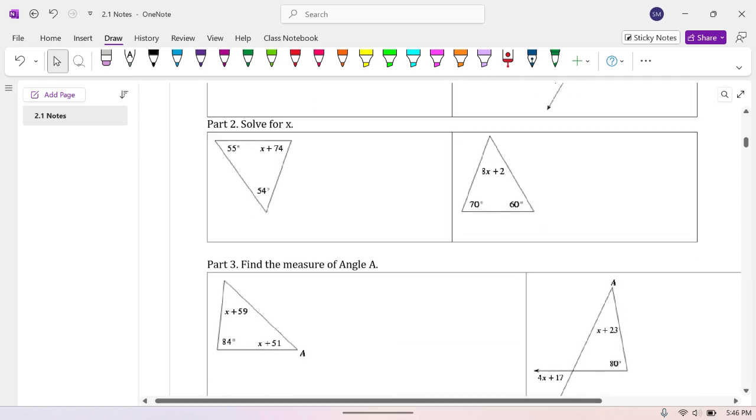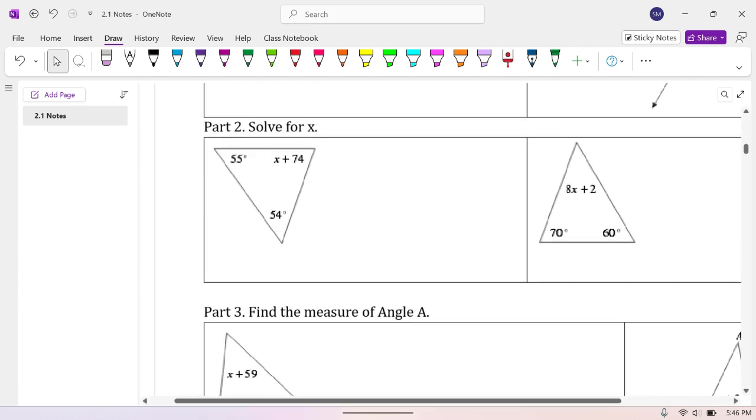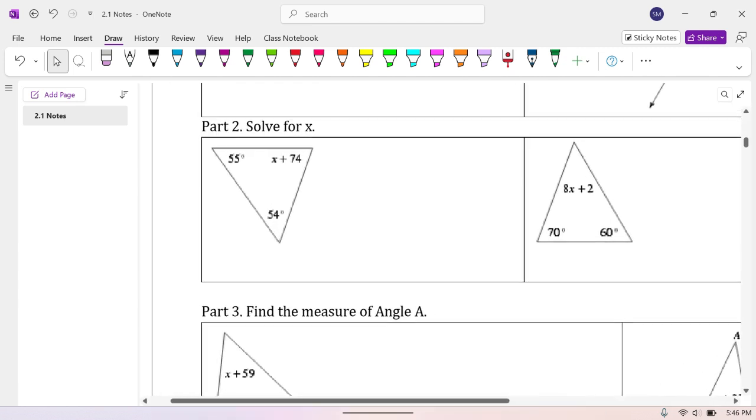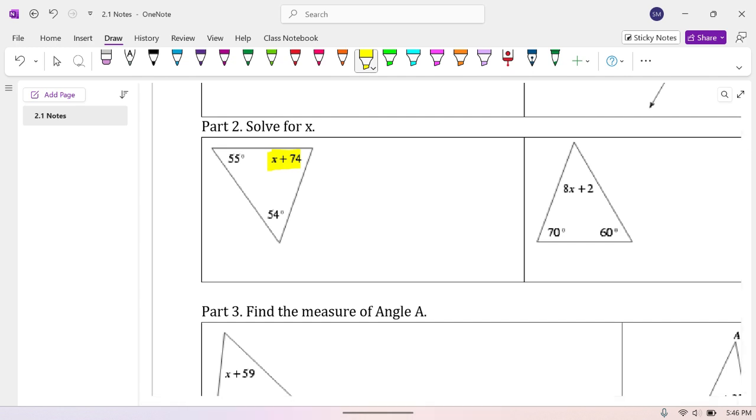Now, I'm then going to do part 2, which is where we're solving for x. So I'm going to do one of these, and the other example is yours. So whenever you're solving for x, so we're solving for this x right here in this expression, you're basically going to use the triangle sum theorem to help you accomplish that. So you're basically going to take all 3 of these angles, add them up, set it equal to 180, and then use inverse operations to solve for x.